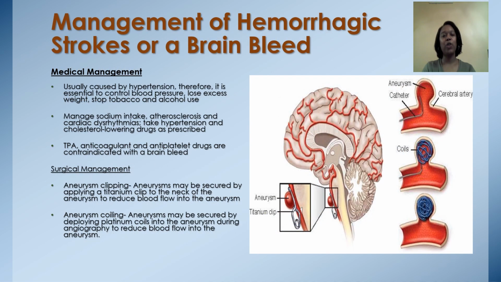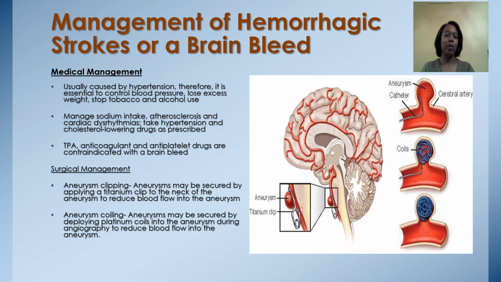Management of a hemorrhagic stroke or a brain bleed. The management of hemorrhagic stroke is very similar to ischemic stroke with a few exceptions. So the control of the patient's blood pressure, weight loss, stopping the use of illicit drugs, alcohol, tobacco, managing their sodium intake, compliance with cholesterol-lowering medications, as well as antiarrhythmic drugs and antihypertensive drugs are necessary as well.